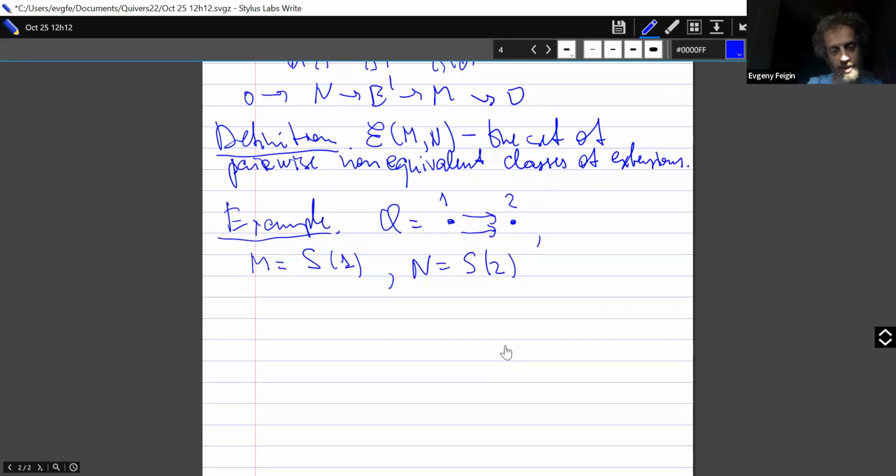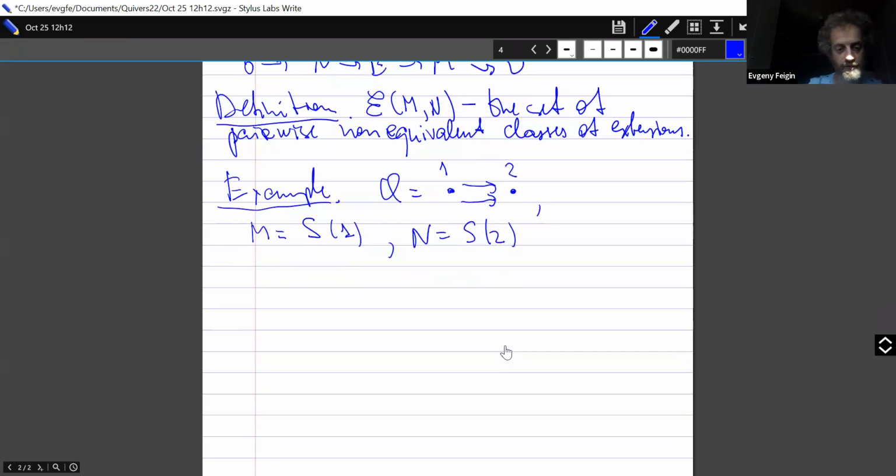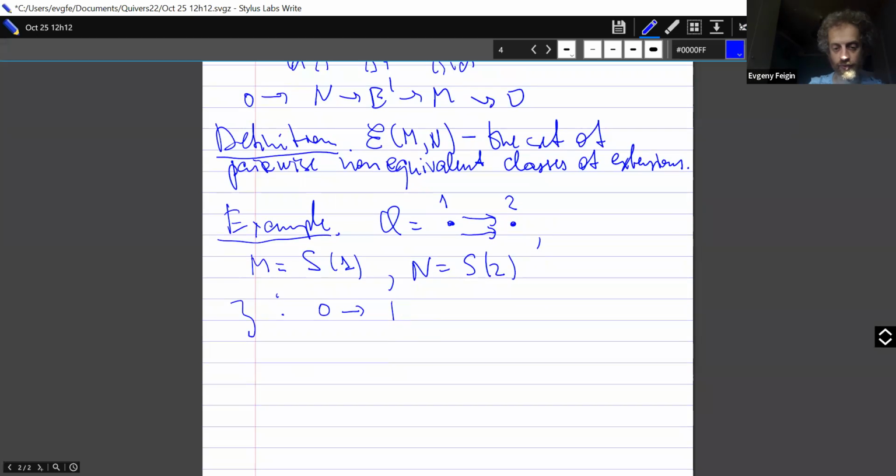Okay, and now let us consider two extensions. The first extension is psi. This is of the form 0 to N to E to M to 0, where E is of the form K, with maps 1 and 0.